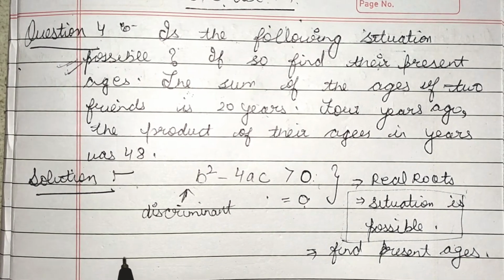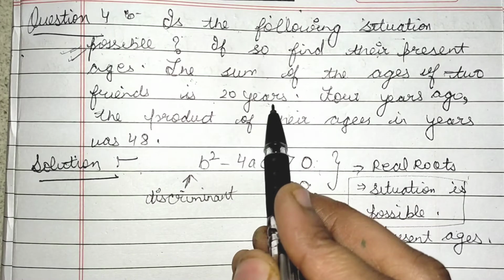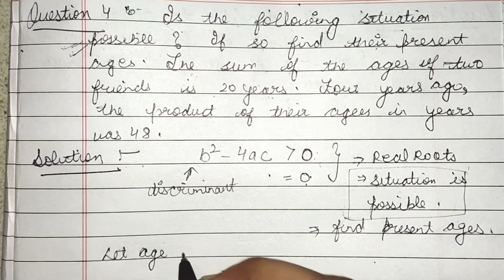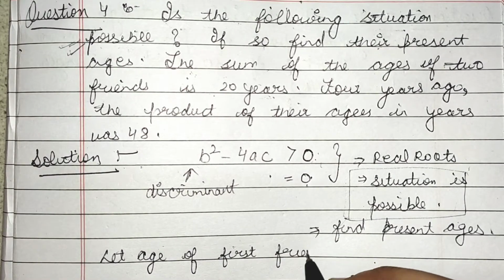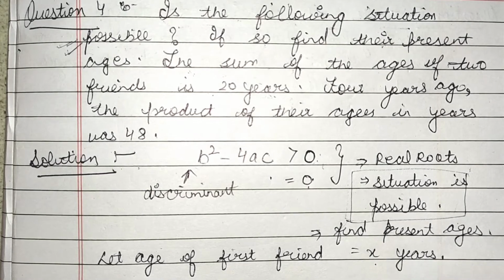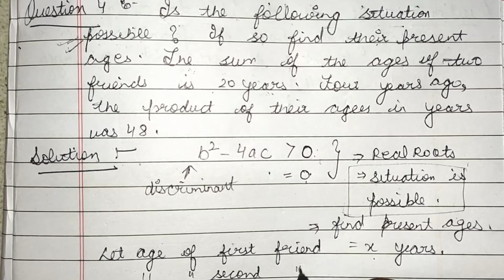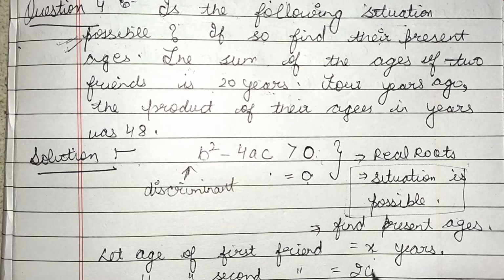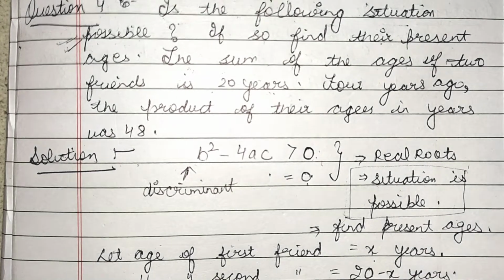So let us suppose the age of the first friend is x years. Then the age of the second friend will be 20 minus x years, because the sum is equal to 20.